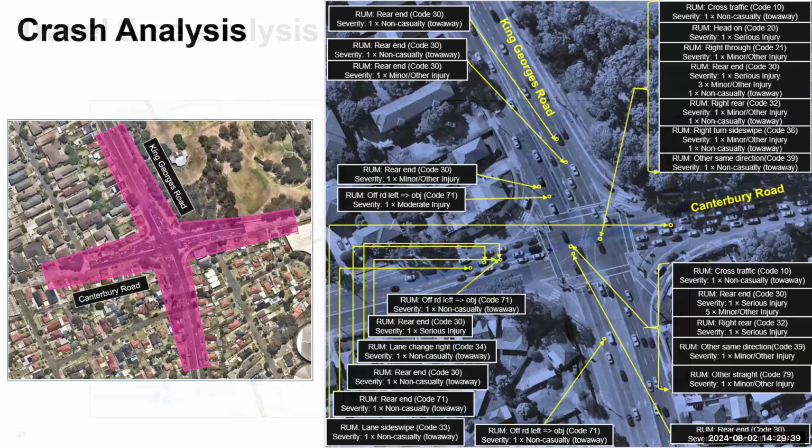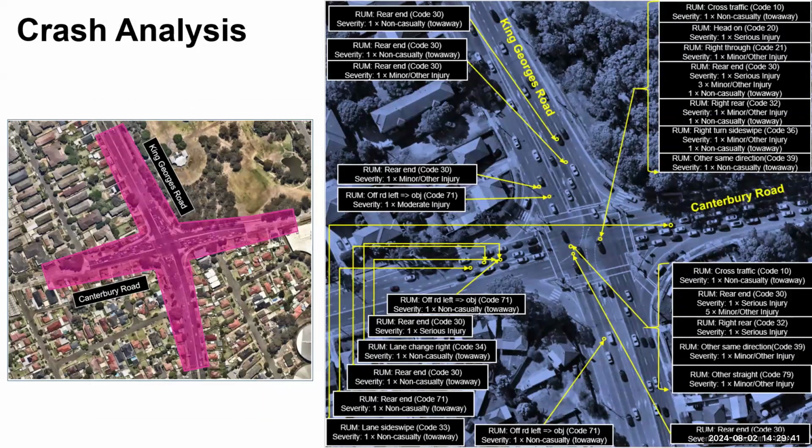Then we have crash analysis. We consider again the same intersection, and we find out what are the different types of crashes that have happened in this intersection. In this case, because the upgrades are quite new, generally for crash data analysis, we take 5 years of data together to see what kind of crashes have happened in the network, and then we do post-construction, but generally we don't have 5 years after the construction has been completed.